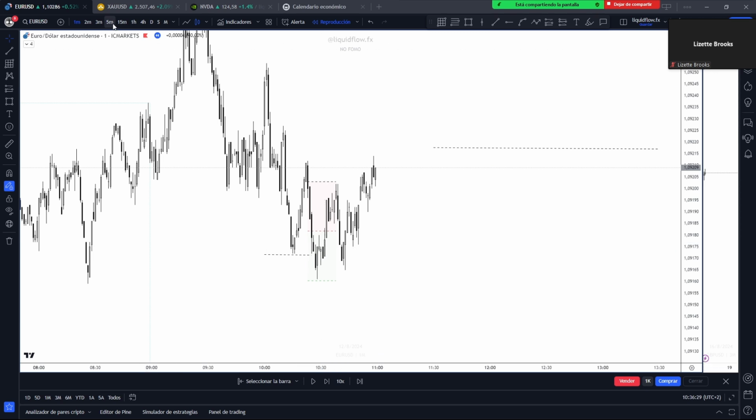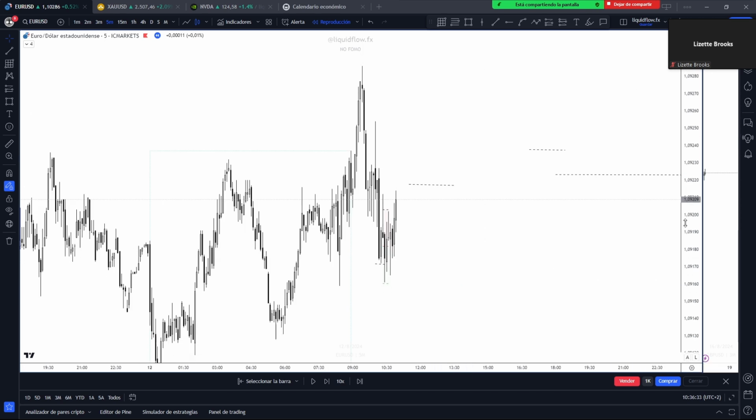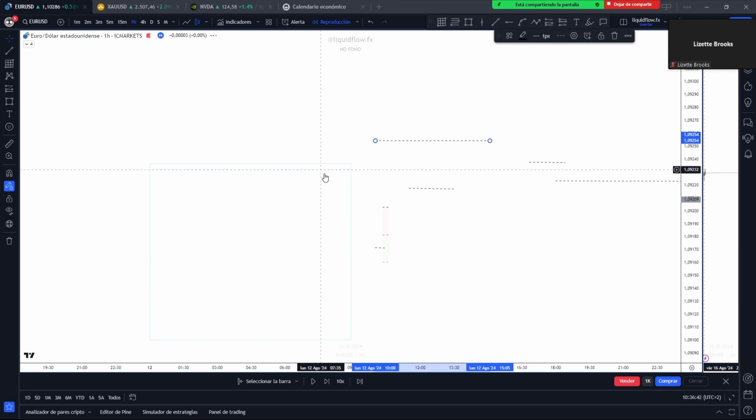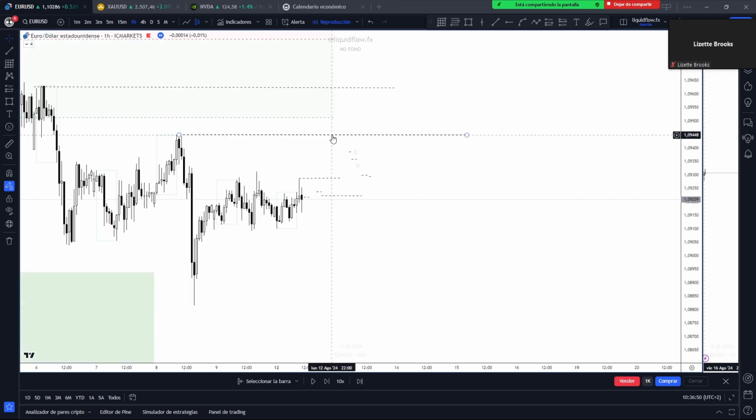Yes it is, because in 5 minutes I sweep the liquidity, and in 1 hour I have my draw of liquidity here. Let's see. Yeah, this is my draw of liquidity here. And in daily, I am bullish.